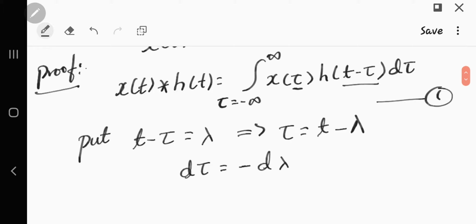The limit, tau varying from minus infinity to plus infinity, also changes.